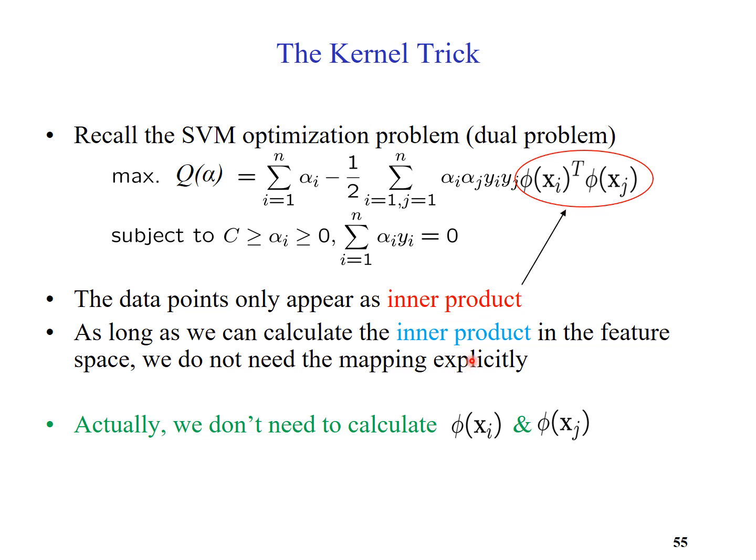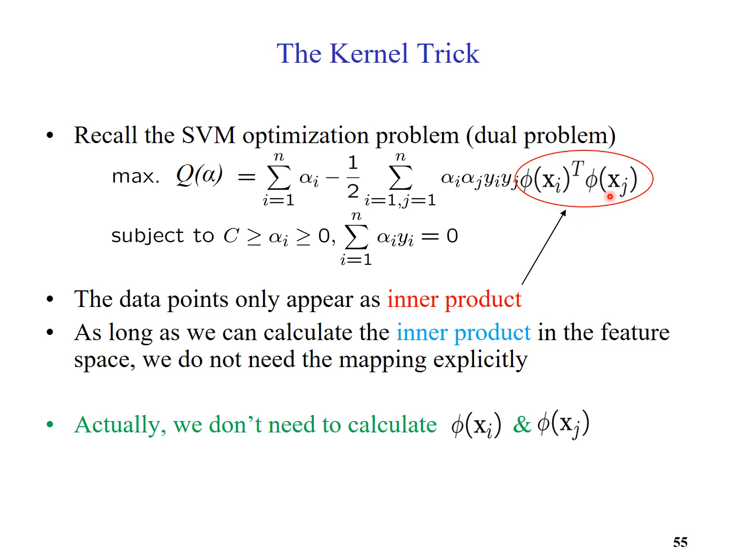But if you look carefully, what we need is the mapping of xi times the mapping of xj. Actually, we do not need the individual values of pi xi and pi xj. We do not need these values separately.